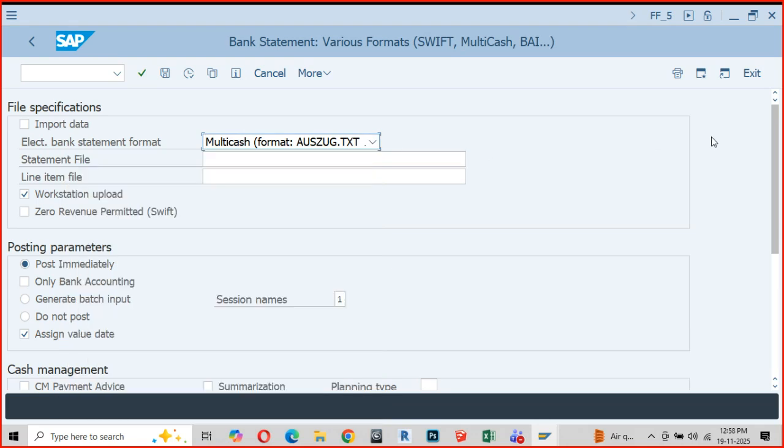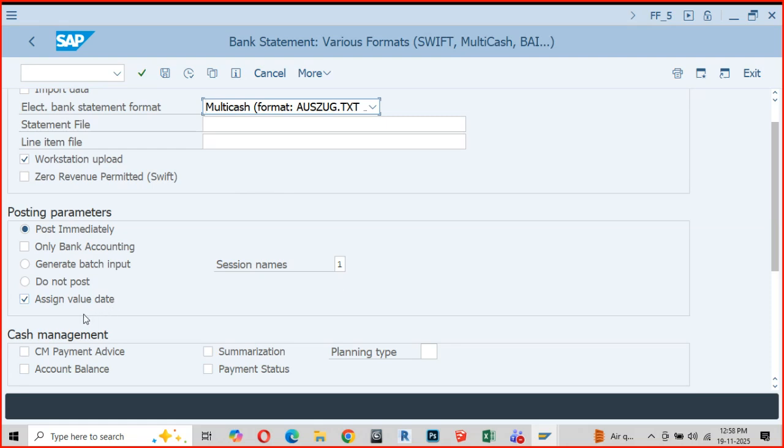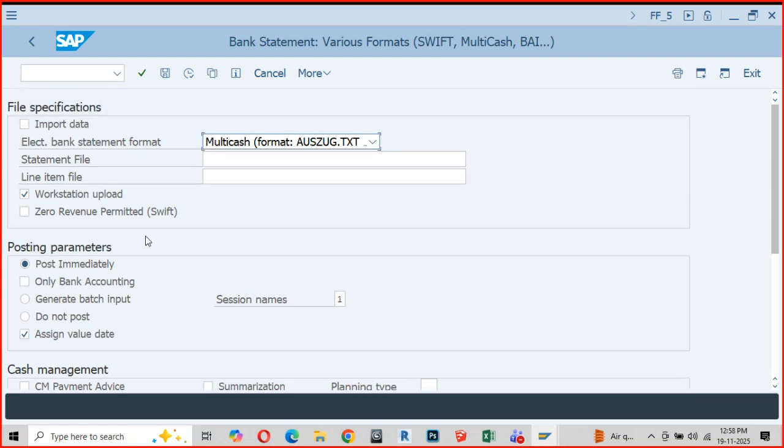So like this, we have an understanding with the bank by which he sends me the statement in this particular standard format. I create the statement file, do not post, but only see the statement file. I create this on my desktop and I upload.